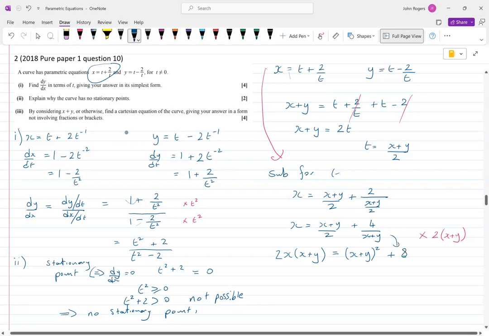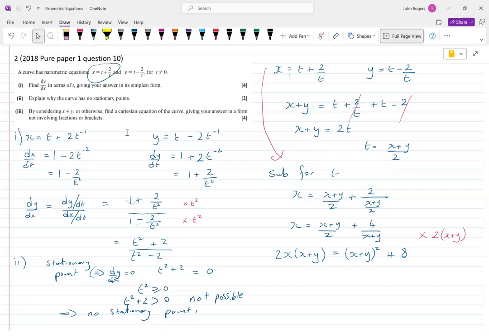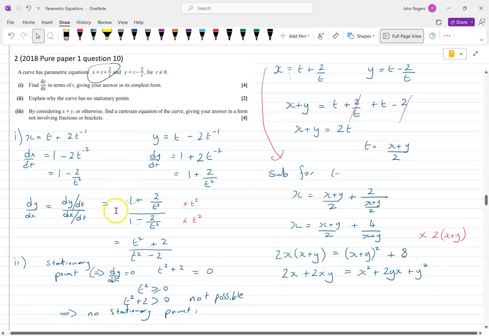It doesn't want brackets or anything like that, so let's multiply out. 2x squared plus 2xy is equal to x squared plus 2xy plus y squared plus 8.